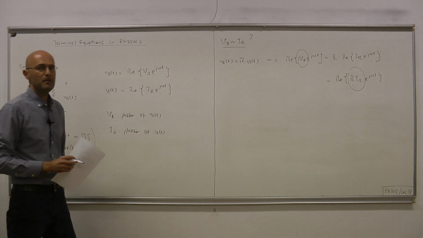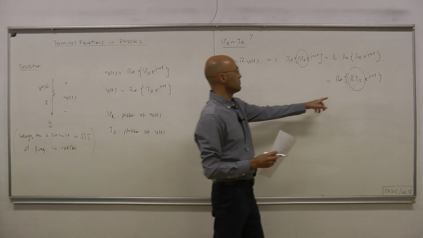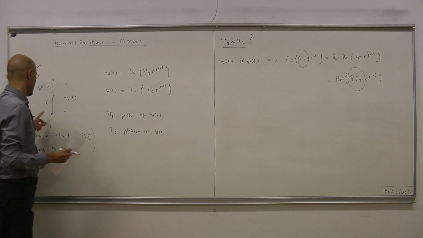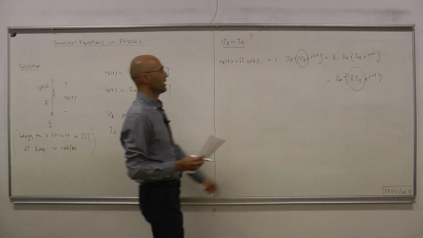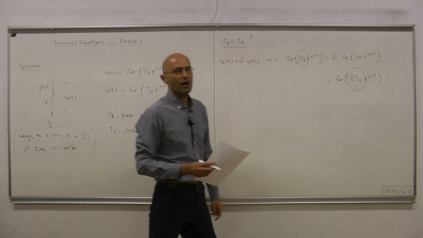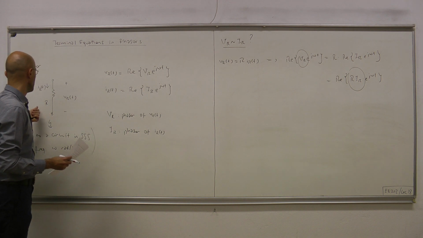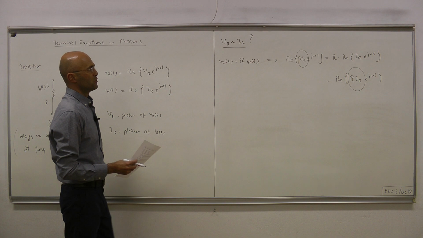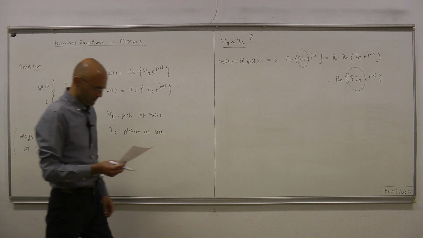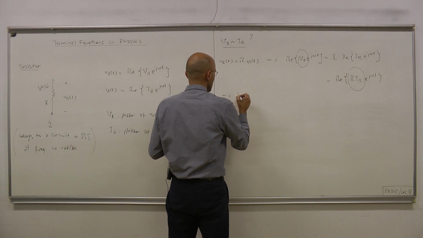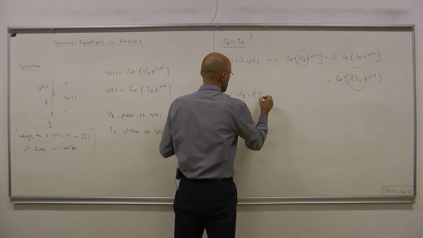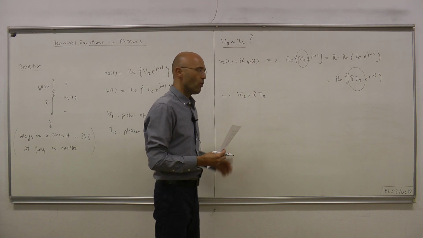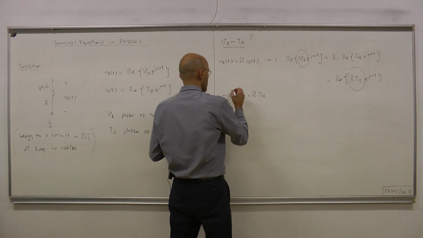And that property immediately gives us the relation between the phasor of the voltage and the phasor of the current for an LTI resistor. What we have is VR equals R times IR. Therefore, Ohm's law in time domain is directly carried over in form into the so-called phasor domain. And we obtain this relation, which is very easy to remember because its form is the same as Ohm's law.